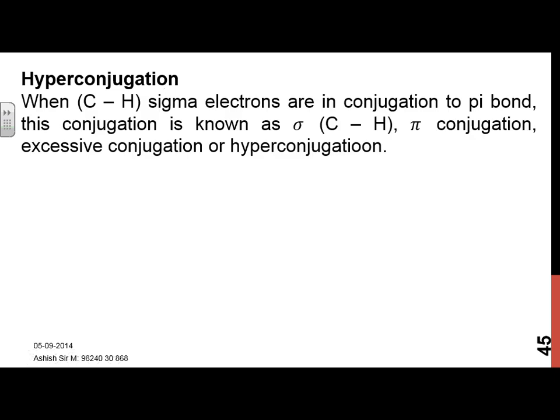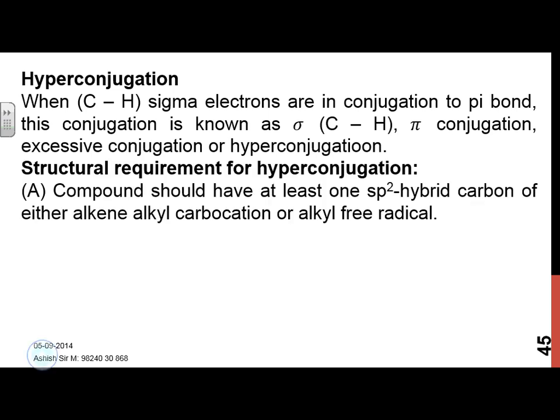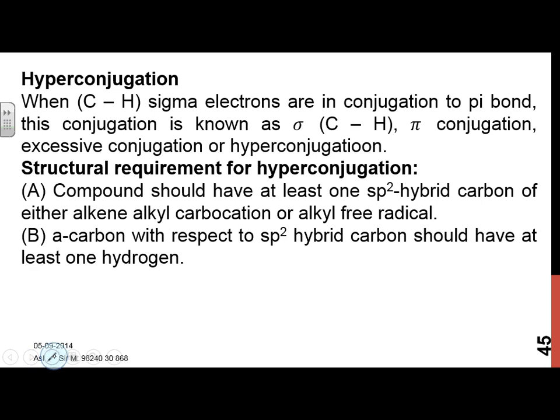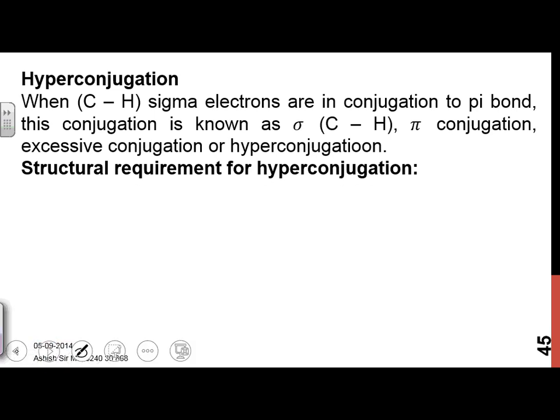Normally, when carbon, hydrogen sigma electrons are in conjugation to a pi bond, this conjugation is known as sigma, that is carbon hydrogen, pi conjugation.